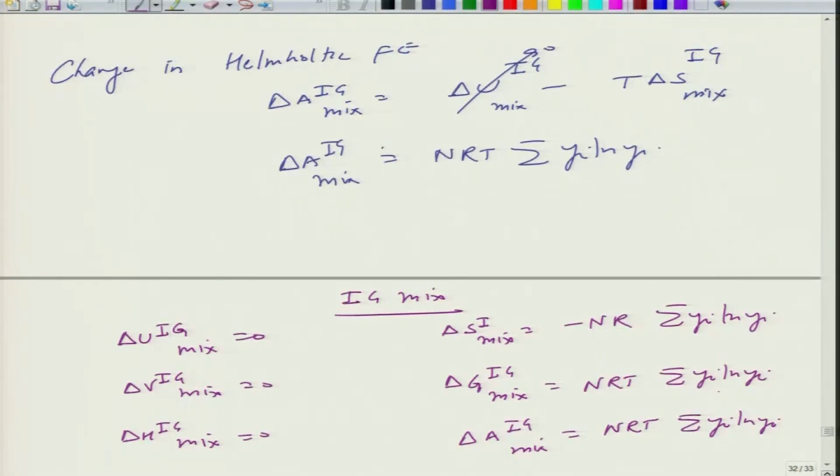The only difference between delta S and the free energies is the presence of temperature, and the sign is positive.